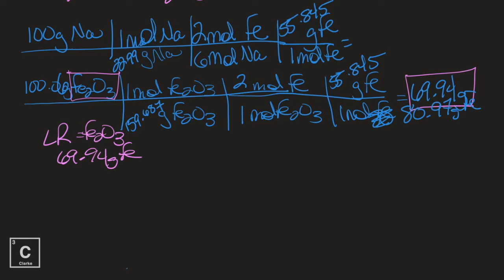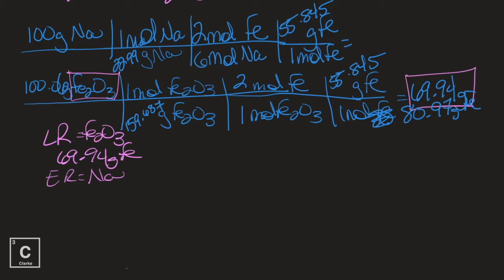Okay, the third problem for the excess reactant is what normally messes people up. We know that the limiting reactant runs out. We're going to use all 100 grams of this. If the limiting reactant is iron 3 oxide, then the excess reactant has to be sodium because that's the only other reactant. So we know we have too much sodium. We are not going to use all 100 of this.